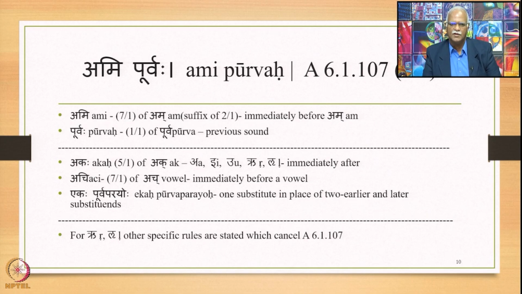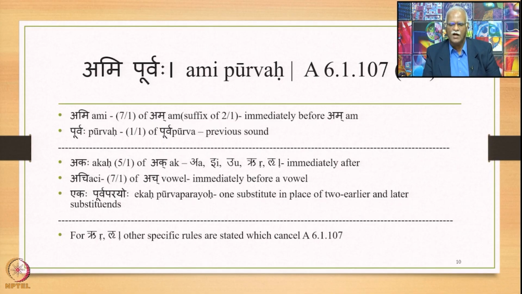Rupa continues from Engi Pararupam and so gets connected with Purvaha, and then Purvarupam is the interpretation that is generated. The other words continued in this particular sutra are Akaha, 5/1 of Ak. Ak means A, I, U, Ru and Lu.